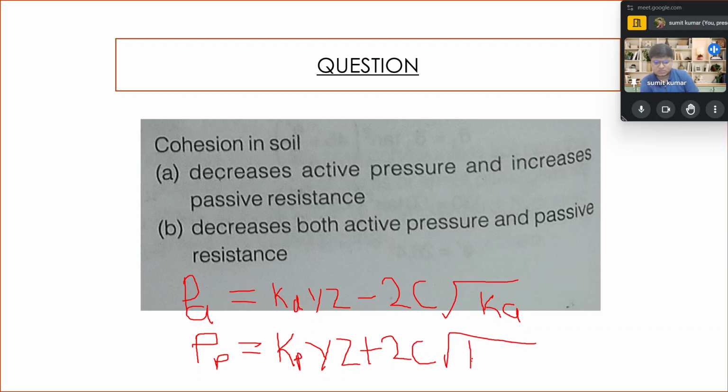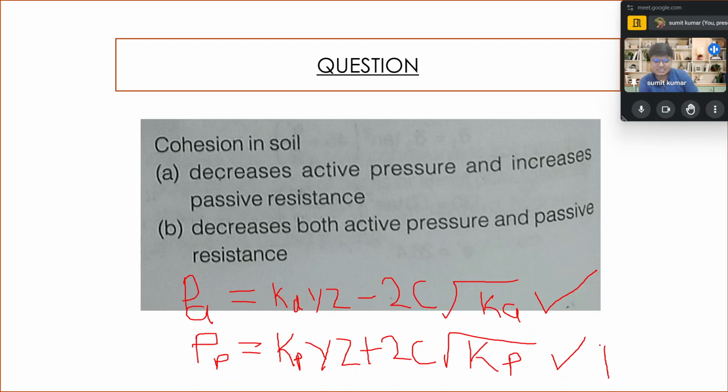As you read the question, what it states, you get your answer without any confusion. It says the cohesion in soil decreases the active earth pressure and increases the passive resistance. As you see, this cohesion factor is subtracted from Ka gamma z, so it decreases the active pressure. And when we talk about the passive resistance, this 2c root Kp is added to the Kp gamma z, so it increases the passive resistance.